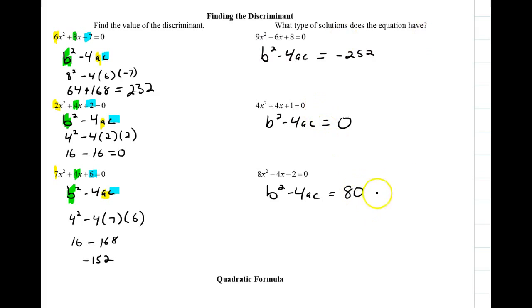So here, when we talk about types of solutions, we're talking about, does the graph cross the x-axis? And so if it doesn't touch the x-axis, it has a negative discriminant, so it has no real solutions. Okay, when it has no real solutions, that means it has two imaginary solutions.